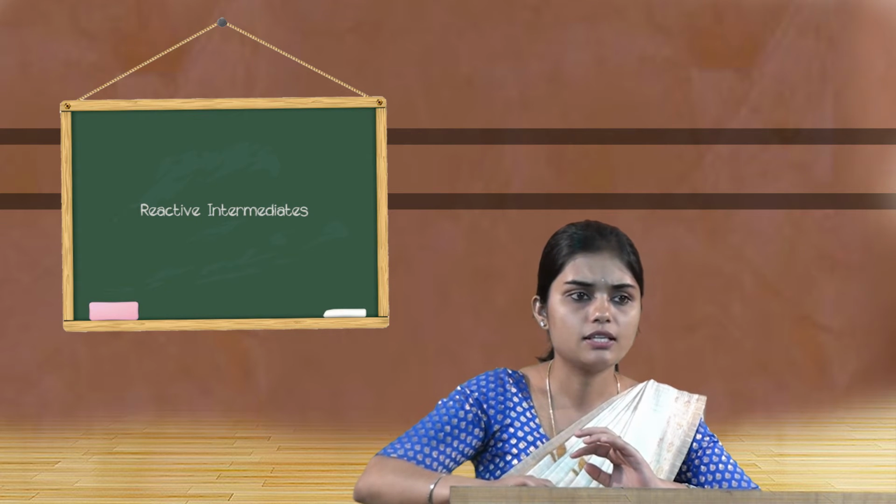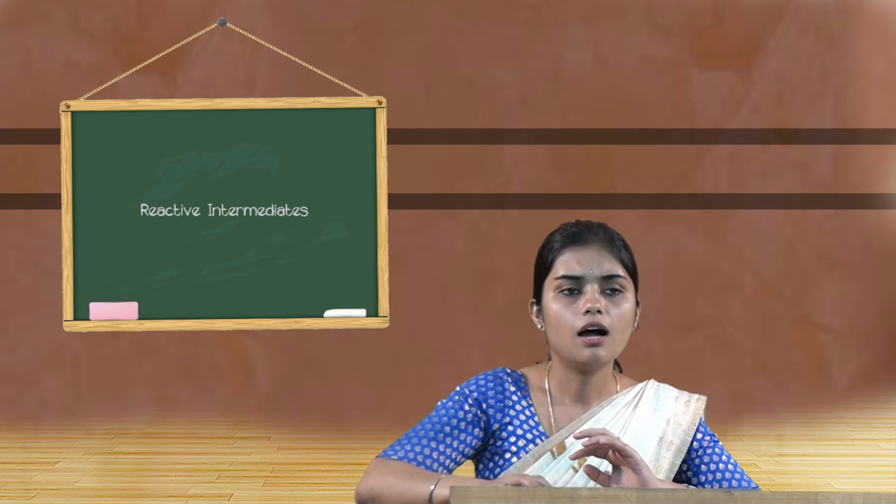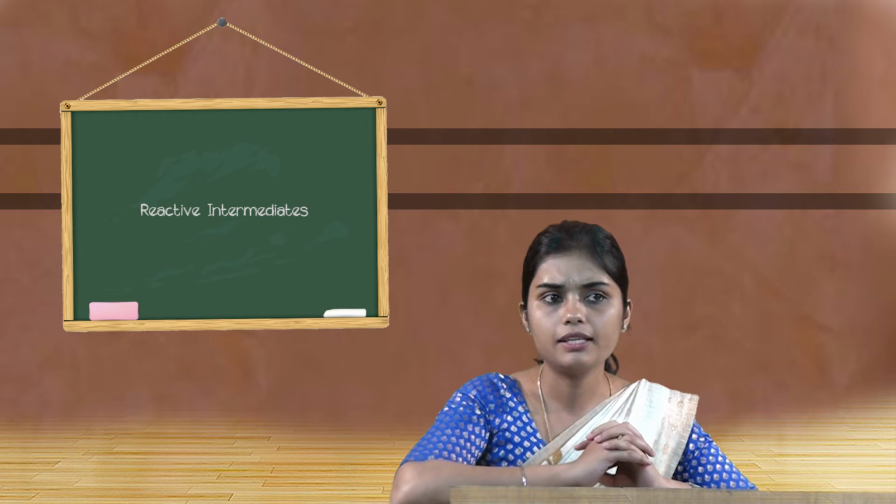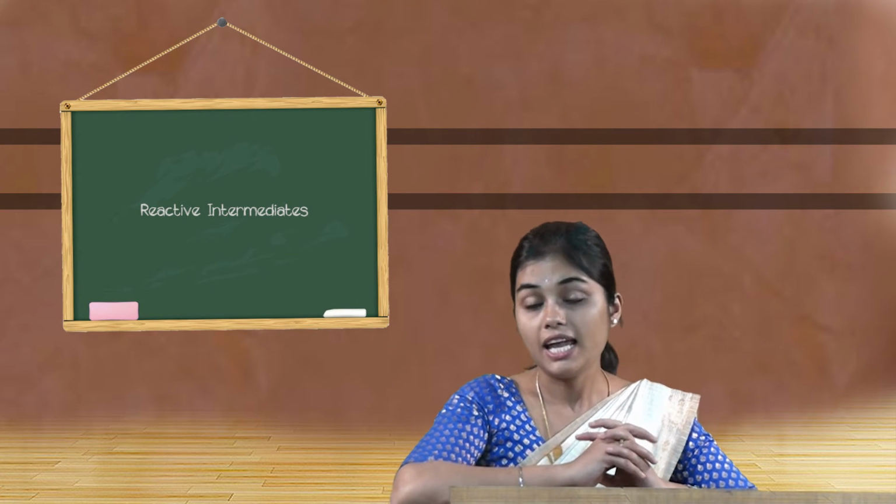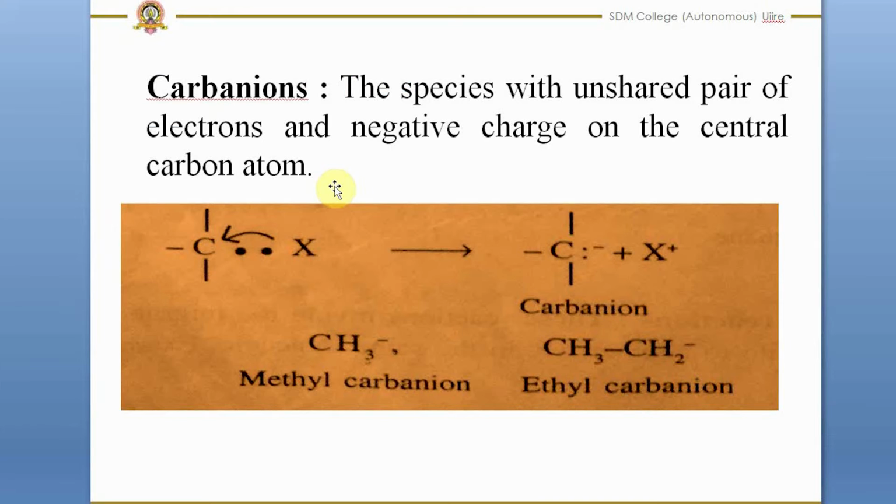Let us discuss one more reactive intermediate, that is the carbanion. It is a species with an unshared pair of electrons and a negative charge on the central carbon atom, and these are electron sufficient. Whereas the carbocation is electron deficient, carbanions are electron sufficient.